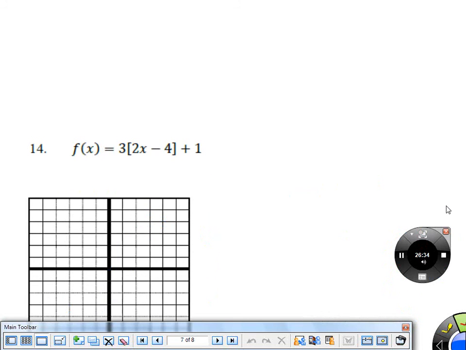See the 2x minus 4? Remember in the absolute value, we factored the 2 completely out of the brackets? We can't do that here because when the 2 changes the number inside the brackets, it might change the way that it's rounded, right? So we can't factor it all the way out. But we do know that if the 2 is in here in the brackets and there's other stuff, is that 2 affecting more than just the x?